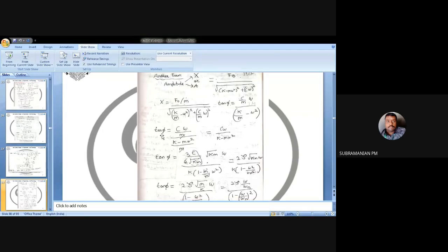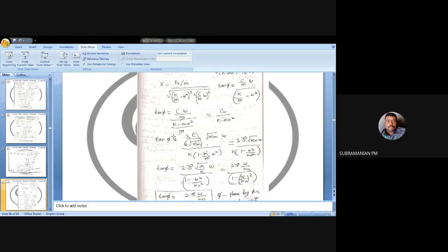That is, there is an angle called a phase angle. That is how far the two vectors are going to lag, which vector is going to get lagged with respect to another. So you can write C by M omega divided by K by M minus omega square. That will be tan phi. So be comfortable with this term, tan phi. It is a phase lag.